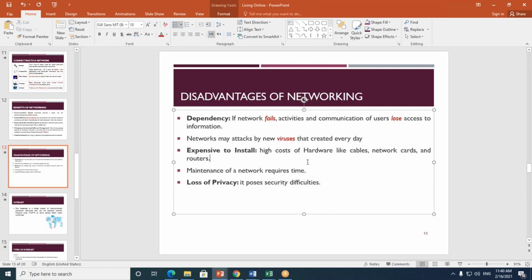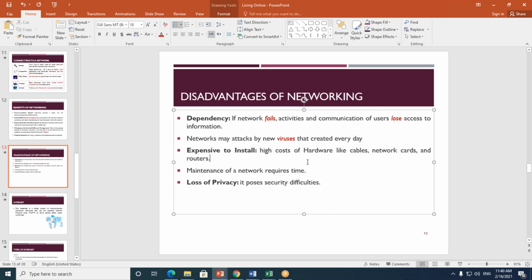Even so, some people have this type of mentality; their hobby is just to work against people. So networks may be attacked by a new virus at any time, and this could create a problem for us, stopping the work or even loss of some money, whatever. So things could happen.